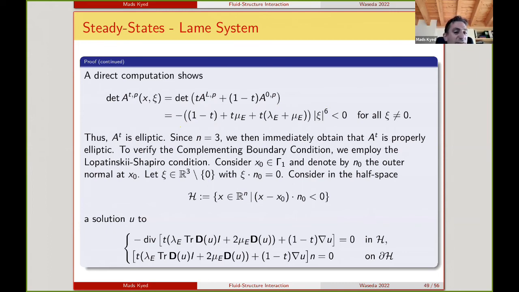Now we need to verify the complementing boundary condition. To this end, we employ the Lopatinski-Shapiro condition. So I consider now my A_T operator in a half space. So here we have the half space.